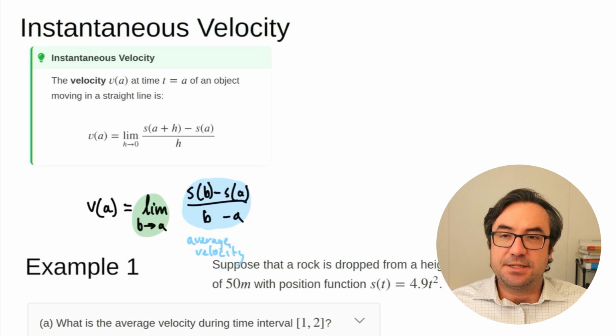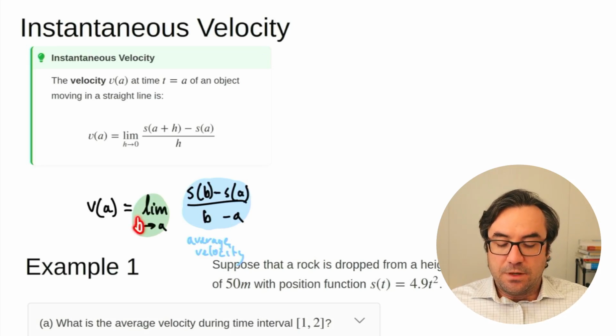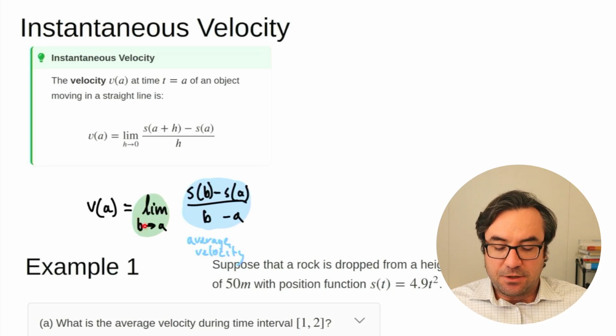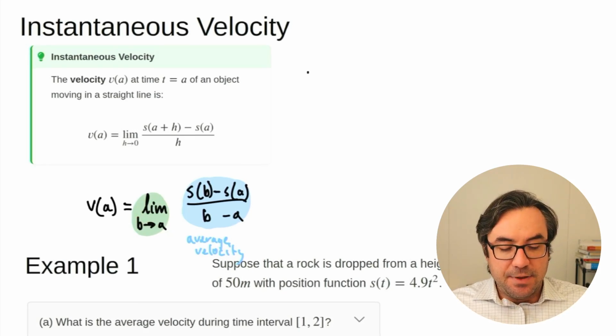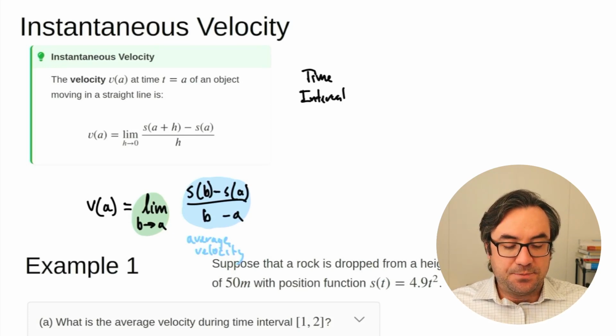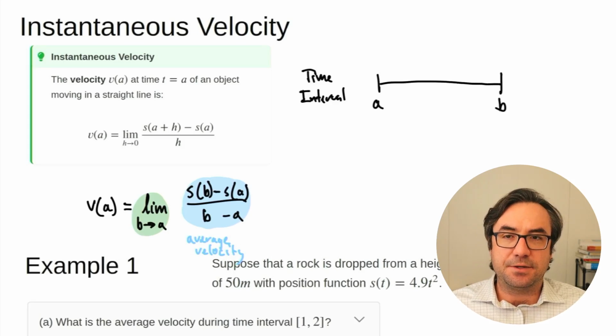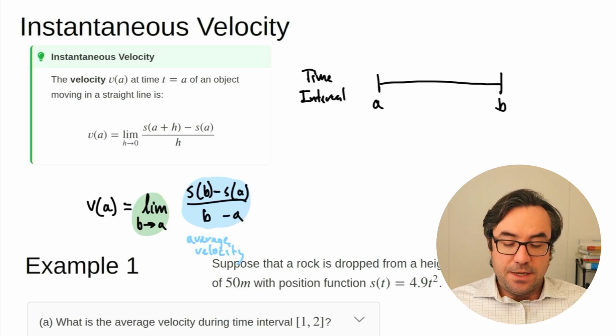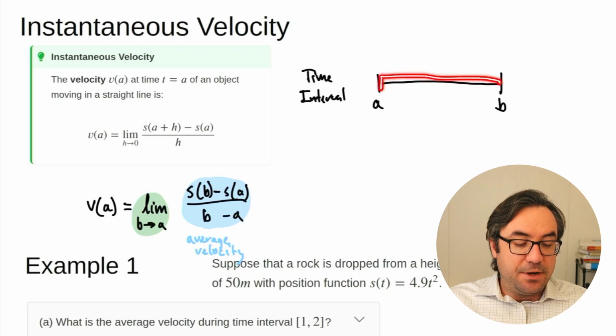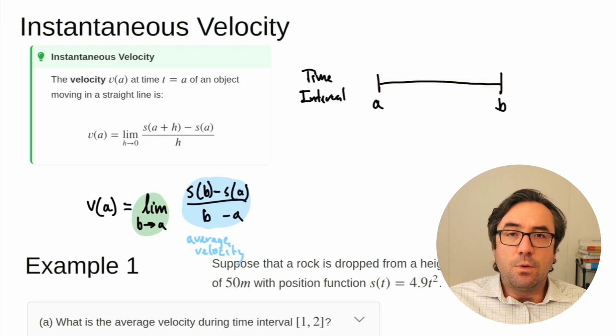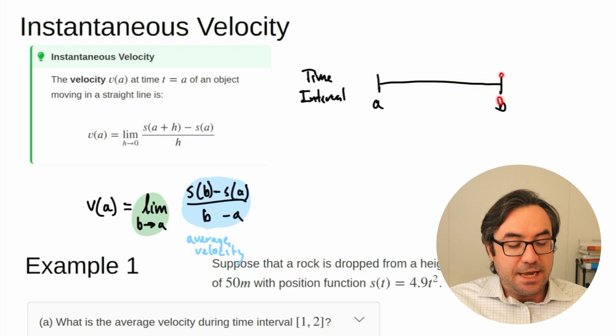So this limit, we're letting our ending time get closer and closer to our starting time. When we think about our time interval, it almost helps to picture this as an interval. So we have our start time on one end, and our end time on the other end. We're going to take this end time and shorten this interval up.